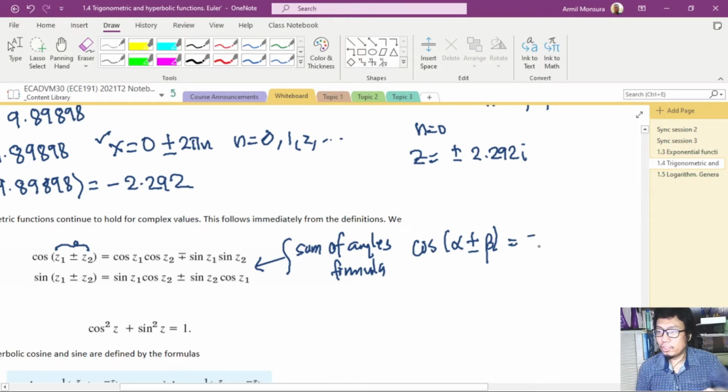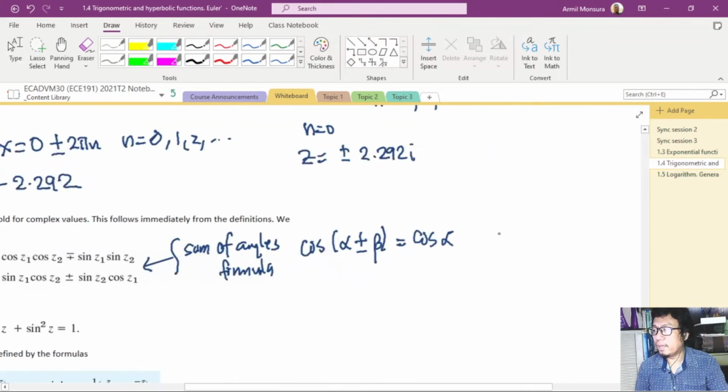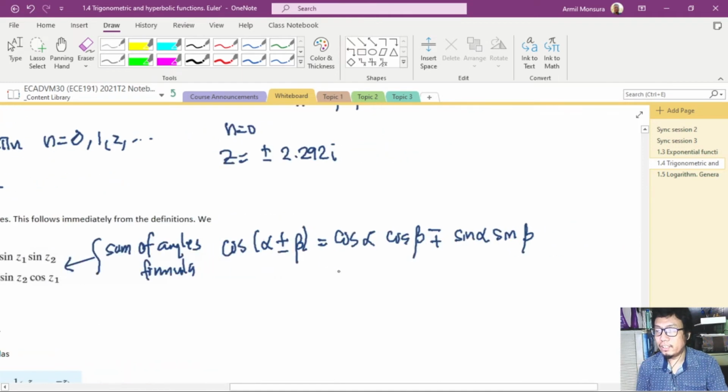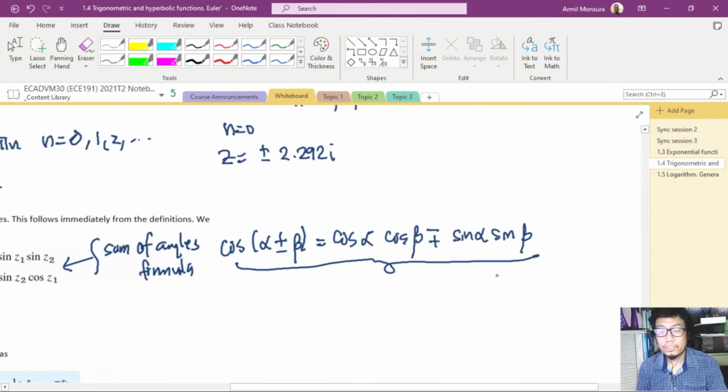This is cosine of alpha times cosine of beta minus plus sine of alpha, sine of beta. So this is the identity that you have established in the real number domain.